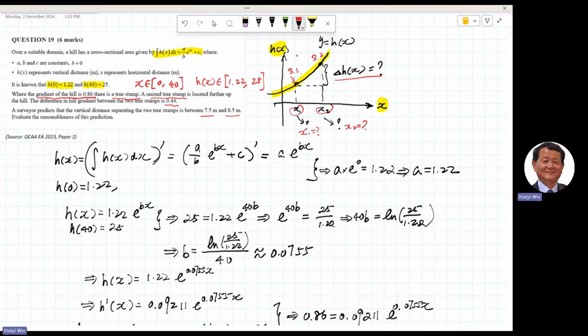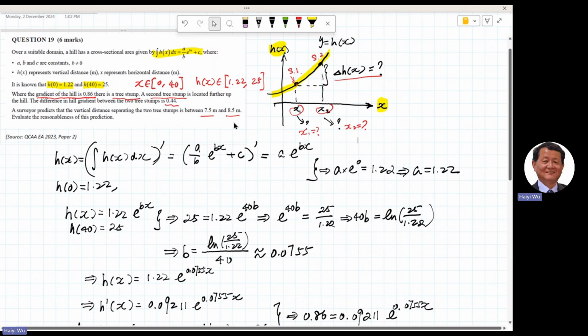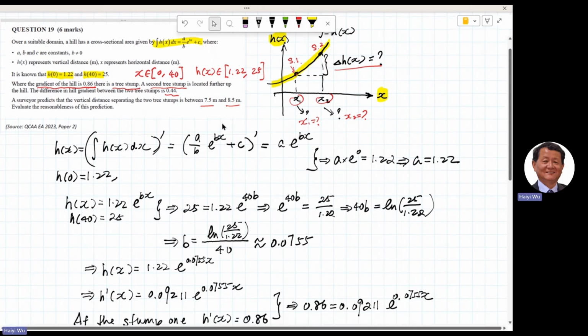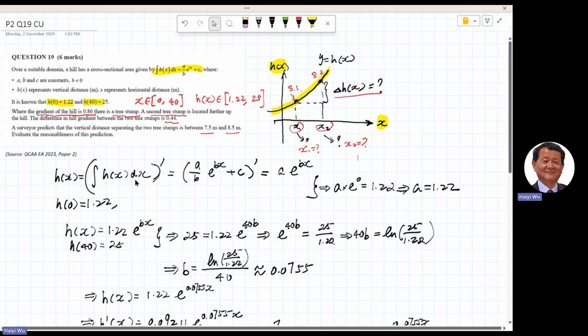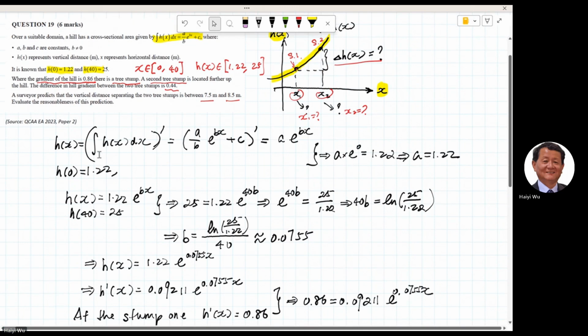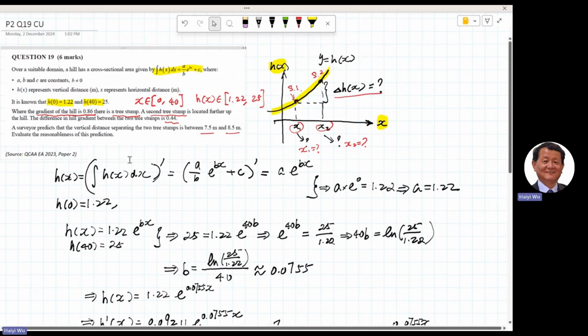All right, this is my digestion of the question. Now I'm going to solve it. How do I do that? I'm going to use the relationship between derivative and integration.